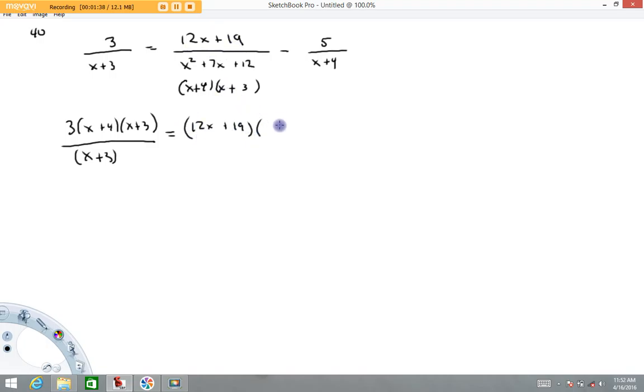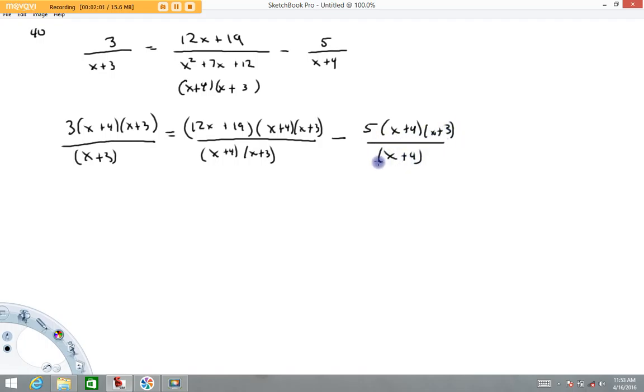And then we're going to take 12x plus 19 and multiply by x plus 4 times x plus 3. And again, that's over x squared plus 7x plus 12, but I'm going to write that in its factored form, x plus 4 times x plus 3. And then minus 5 times x plus 4 times x plus 3, over x plus 4. It's a lot of writing to write it all out, but you really should do that.